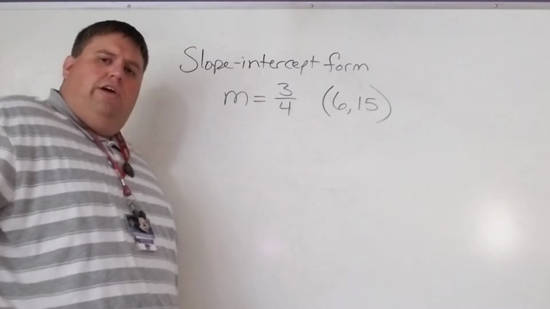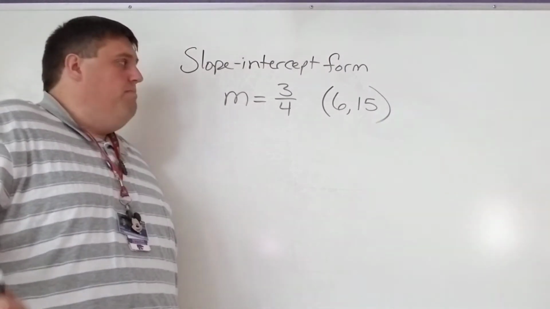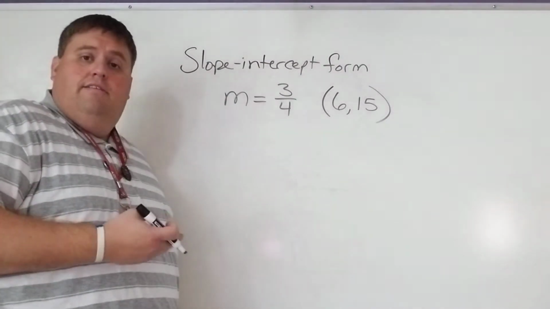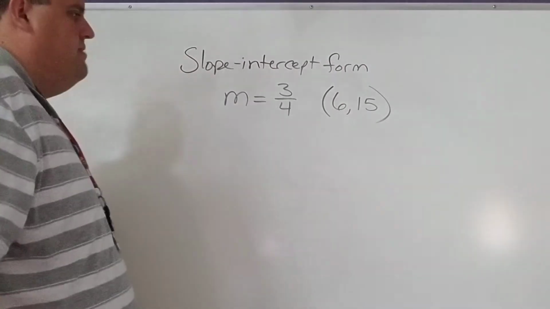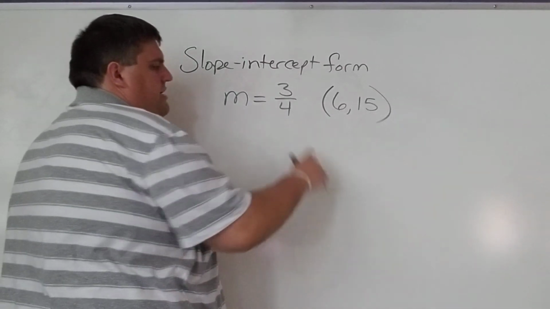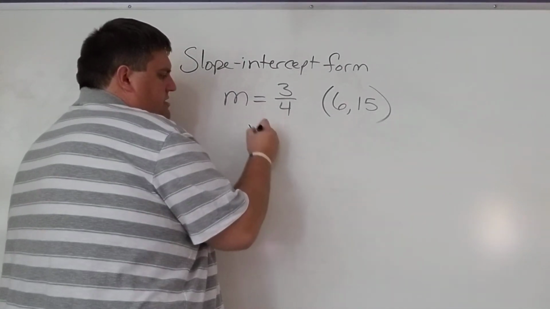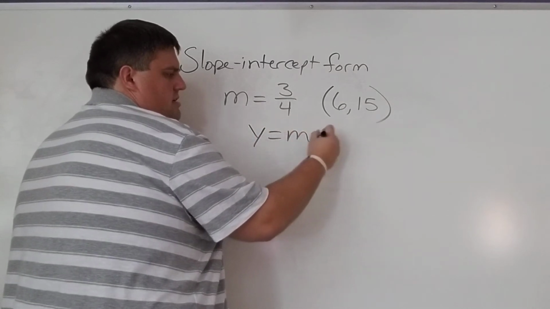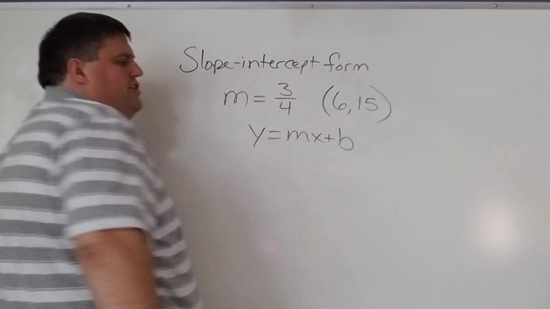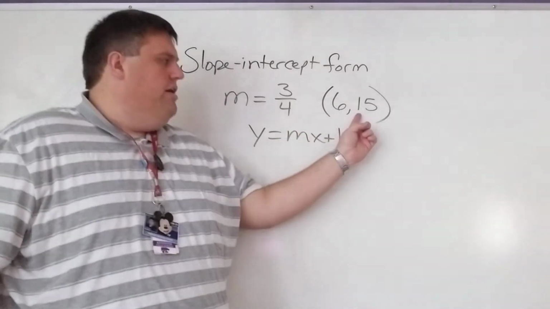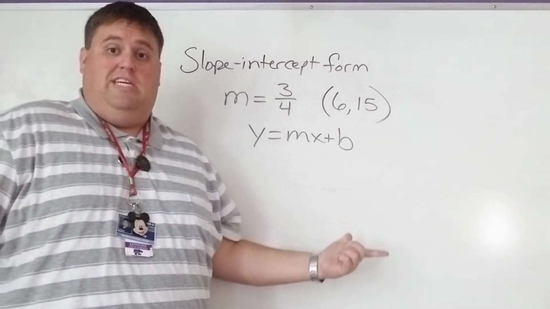Can you write an equation in slope-intercept form of that line? Absolutely we can, okay? So I know the slope already, which is kind of nice. But I don't know the y-intercept because I only know it goes through some random point 6, 15.